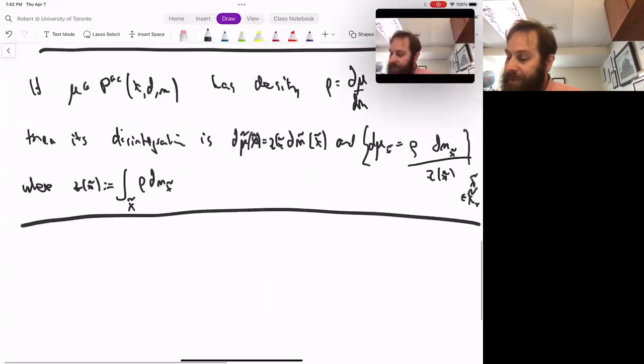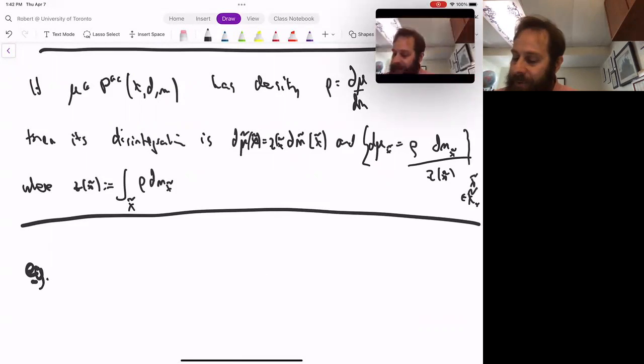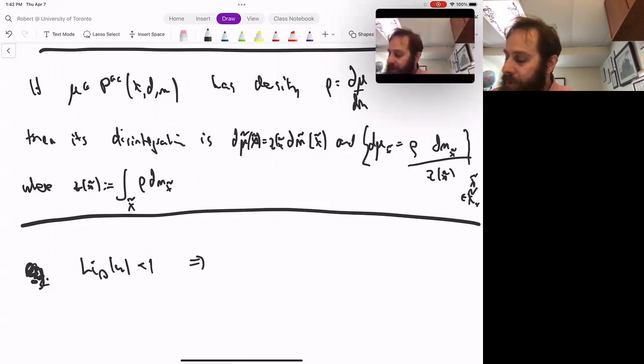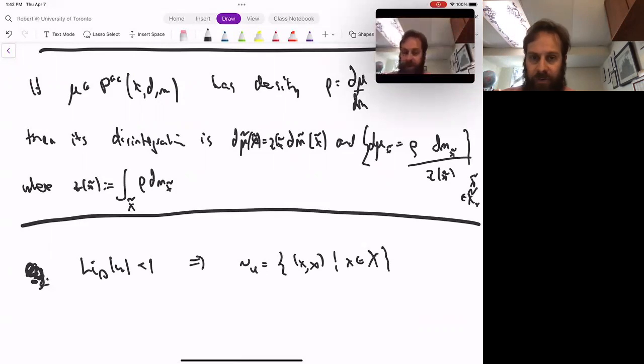So let me give some examples to fix ideas. The most trivial example is, obviously, if the Lipschitz constant is less than 1, then that's going to imply that the equivalence relation U is just going to be the set of all points on the diagonal. And so that's very uninteresting.